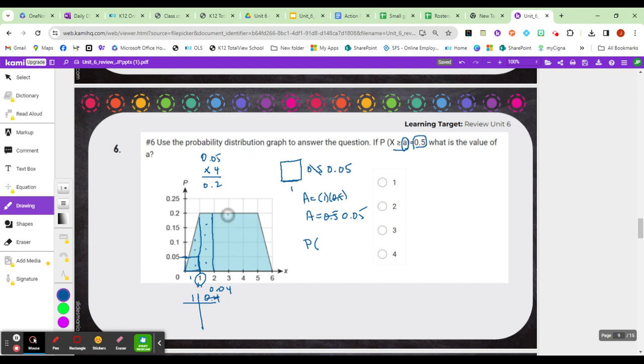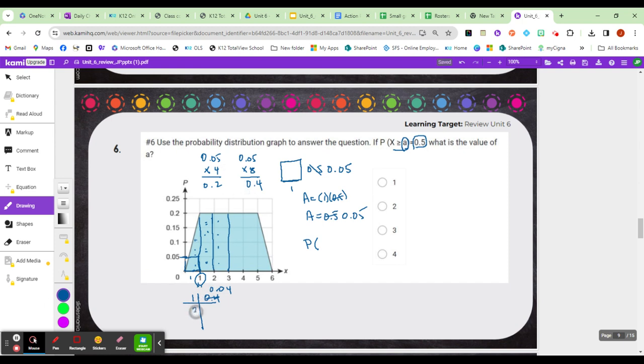So now I'm going to go to 3. And if I count these up, that's 1, 2, 3, 4, 5, 6, 7, 8. Now that's 8 of these. Those are 8 wholes. That's going to give me 0.4. And I have these 3 partials. That's going to make it go to 0.5.